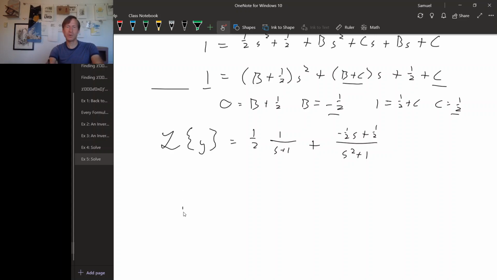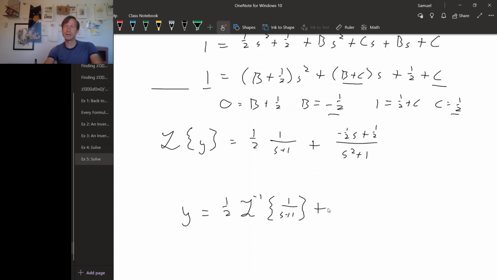On the left, we just get y. And then on the right, 1/2 times the inverse transform of 1 over s plus 1 plus, and then again, I'm going to split up the numerator here so we have one piece with just s in the numerator and one piece with just a constant in the numerator. And also, when I write down the inverse Laplace transform, I'm going to move these constant multiples outside of the inverse transform.